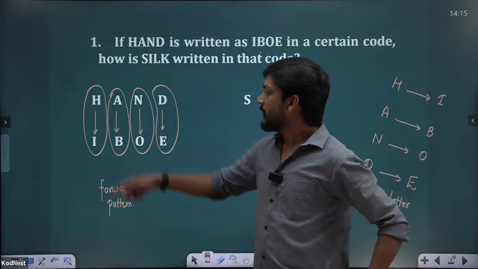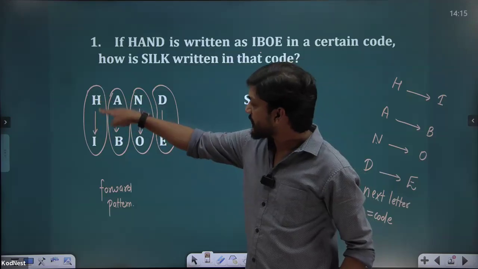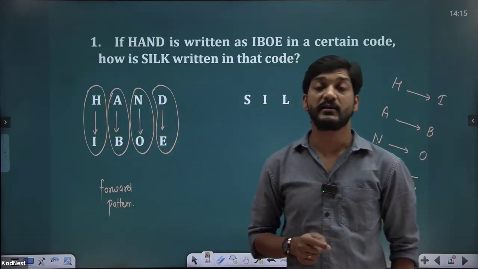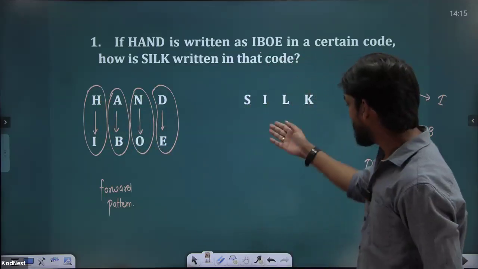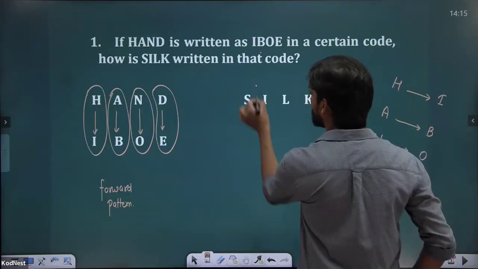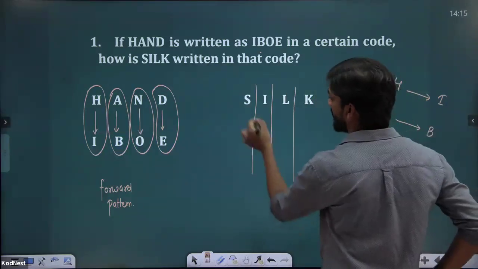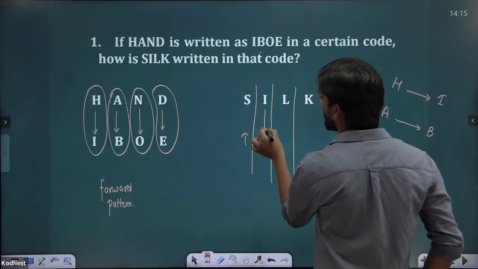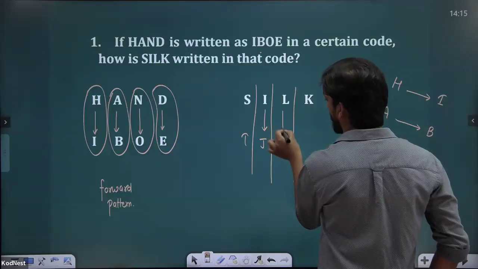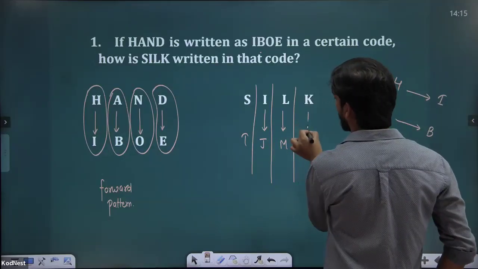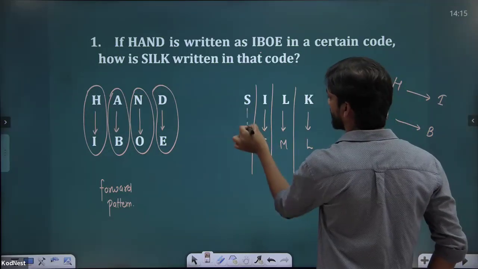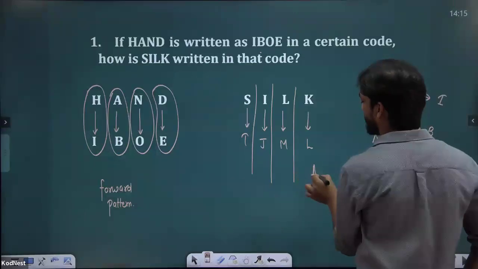So wherever the letter and the code are present at the same place, we will call that the forward pattern. So let's apply the same here also. S, next letter T; I, J; L, M; and K, N. So this is your answer.